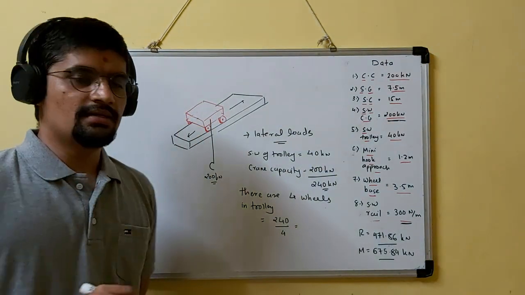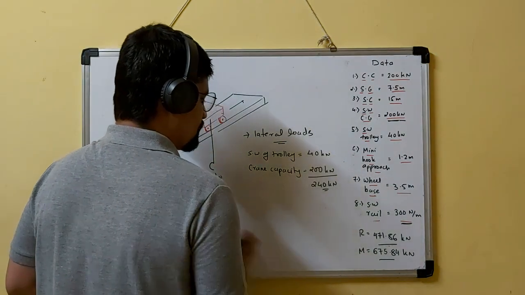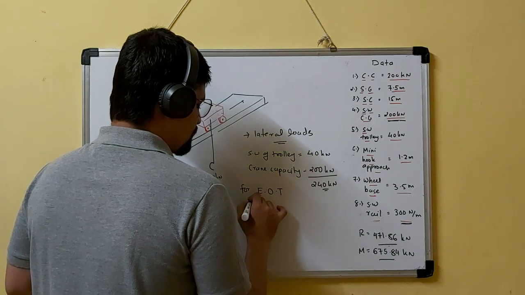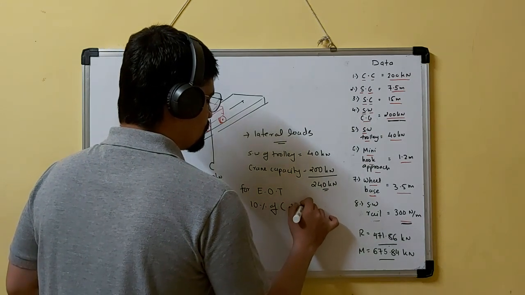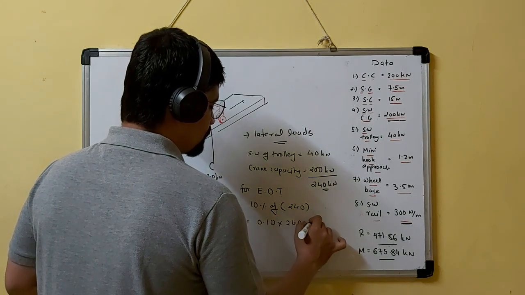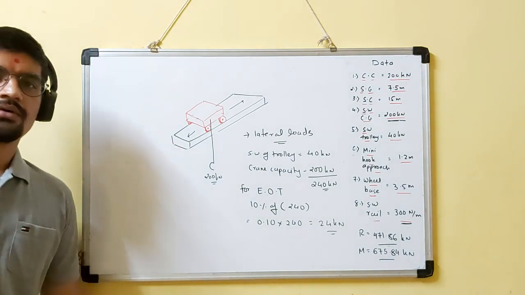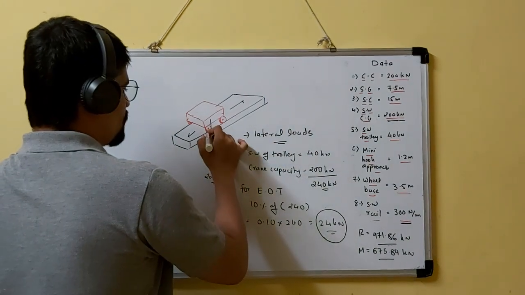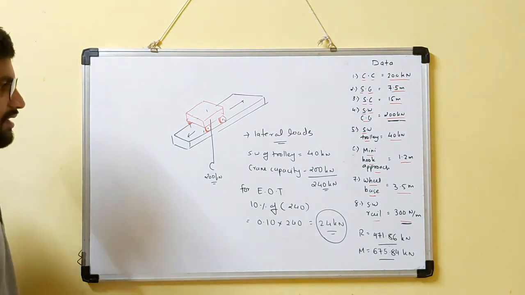Here our crane is electrically operated, so the load will be 10% of 240, which is 0.1 into 240, so it will be 24 kilonewton. Now this 24 kilonewton will be distributed on each wheel.